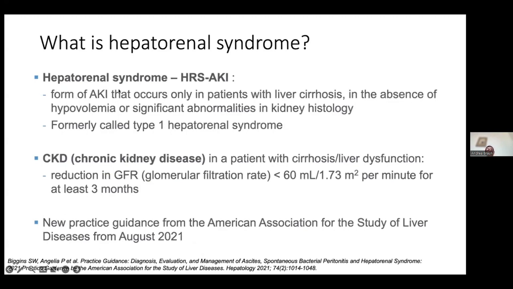How can you ensure the patient isn't hypovolemic? You make sure they're volume repleted, usually give them some albumin. And you cannot have any significant abnormalities in kidney histology. And then the HRS-CKD is someone who has cirrhosis and has a reduction in GFR less than 60 mils for at least 3 months.